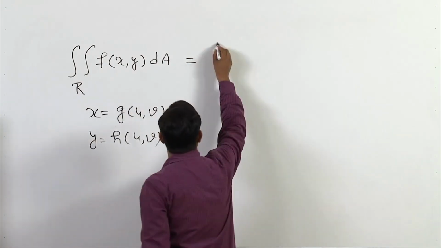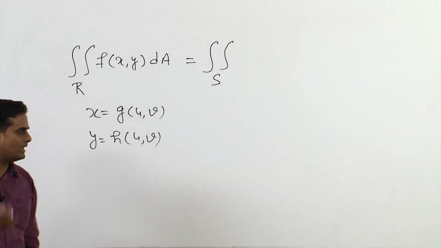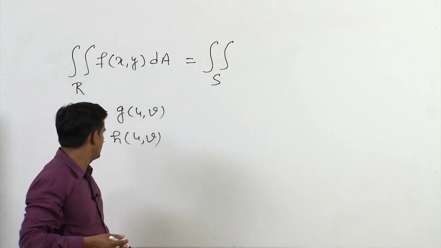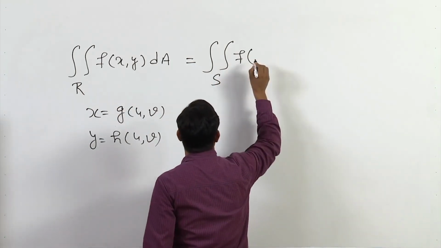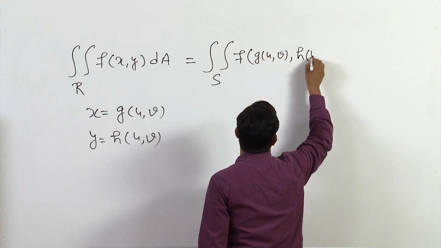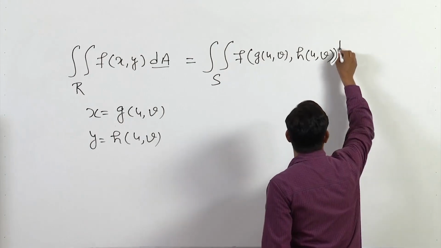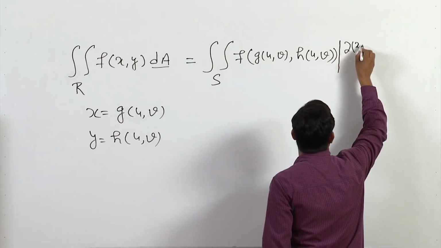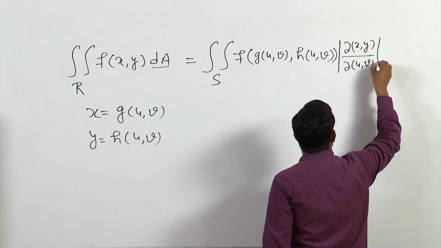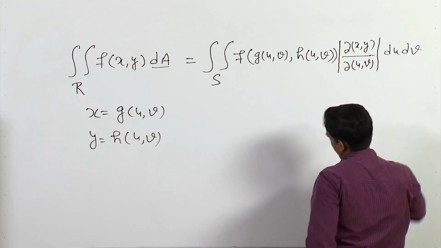After doing this, as I told you, the region will change, and we will see through examples how the region changes. Earlier the region was R, now it will become S, x will become g of u v, y will become h of u v, and then dA will become the absolute value of the Jacobian of x y with respect to u v, and then du dv.